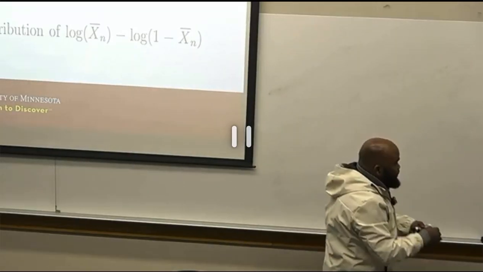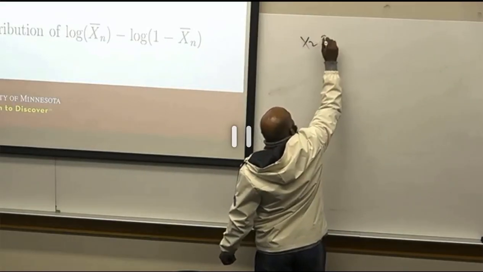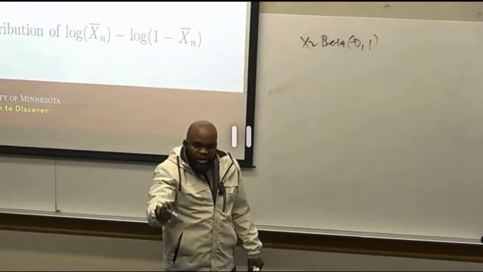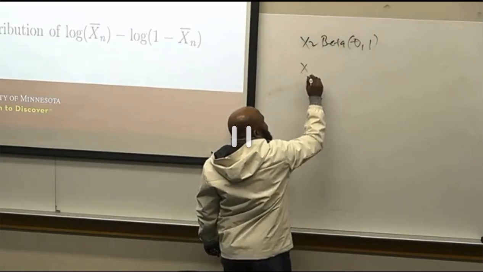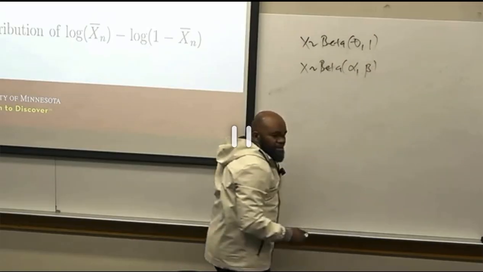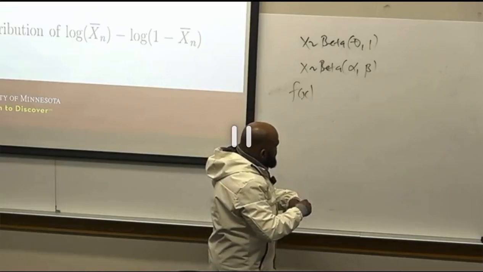Now, you remember here, it said X follows beta with parameter theta, 1. But quickly remember this. In class, I gave you S follows beta with parameters alpha and beta. What is f of s, based on the one we did in class?